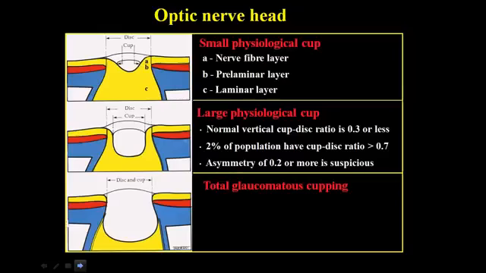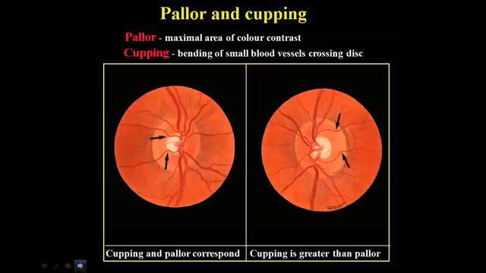Now you have to look for two important things while examining the optic disc in a glaucoma patient. One is the pallor and the other is the cupping. Pallor is the maximum area of color contrast, whereas cupping is the bending of the small blood vessels while crossing the disc. Sometimes the cupping and the pallor may correspond, and sometimes the cupping is greater than the pallor.